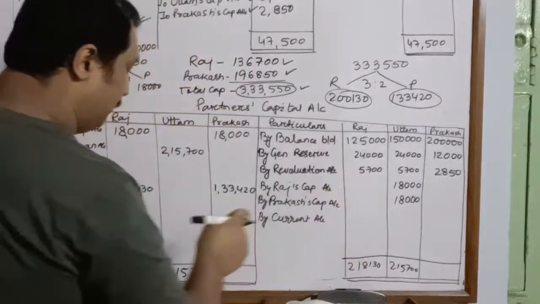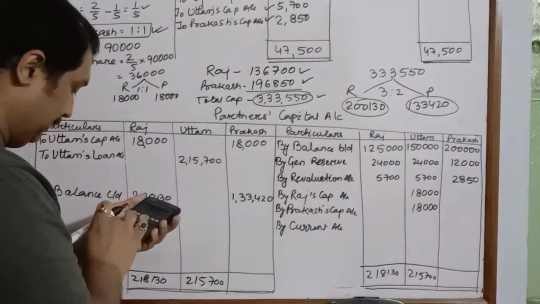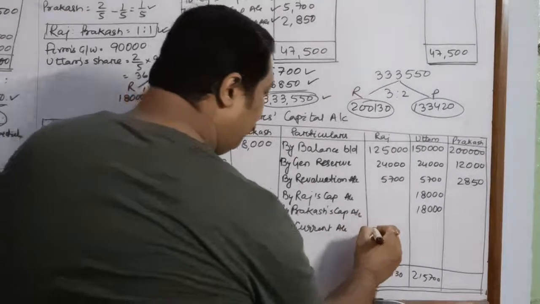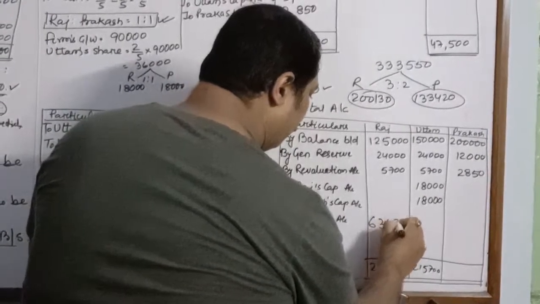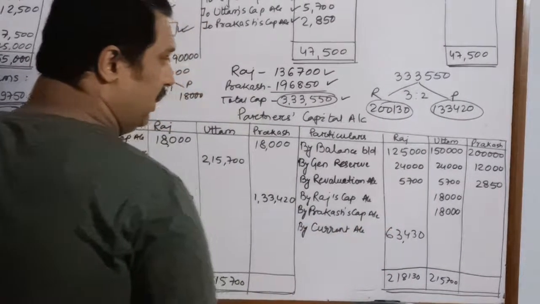I will subtract 1,25,000 minus 24,000 minus 5,700. Balance is 63,430. So this is the current account balance for Raj.